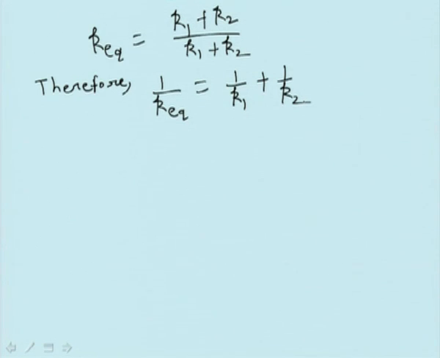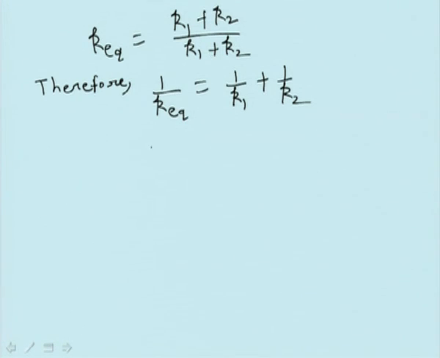So when these springs are in series, then they are added in this fashion. You can easily see that k equivalent cannot be more than the smaller one.